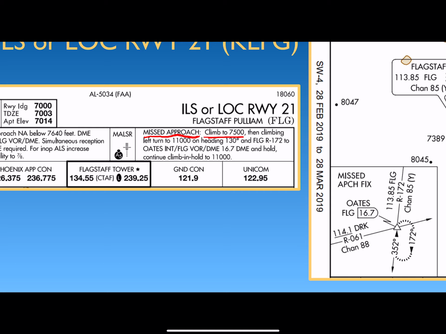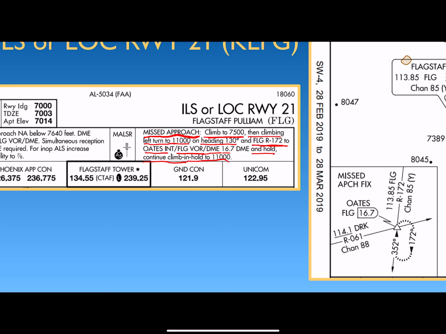Then once you hit that altitude, make a climbing left turn to 11,000 on a heading of 130, and the Flagstaff radial 172 to the Oates intersection of the Flagstaff VOR DME 16.7 DME and hold. And then continue to climb and hold to 11,000.